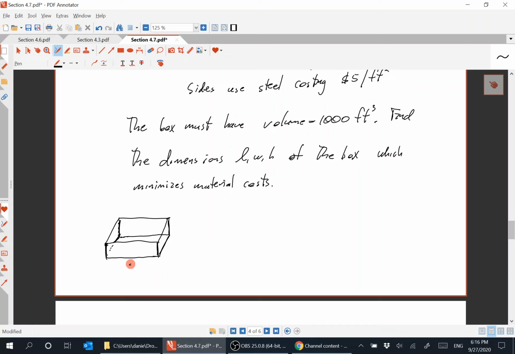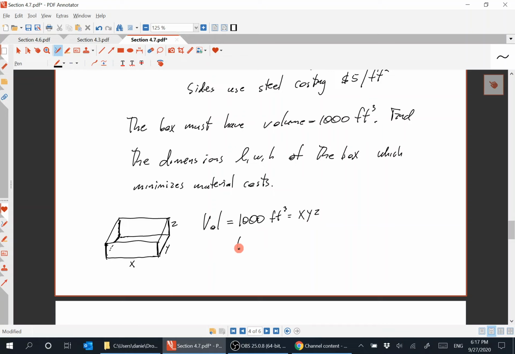Right, looks like that, and it's got a length x, a width y, and give it a height, call it z. Right, so the volume of this box is supposed to be 1,000 cubic feet, and that's equal to the length times the width times the height, x, y, z.